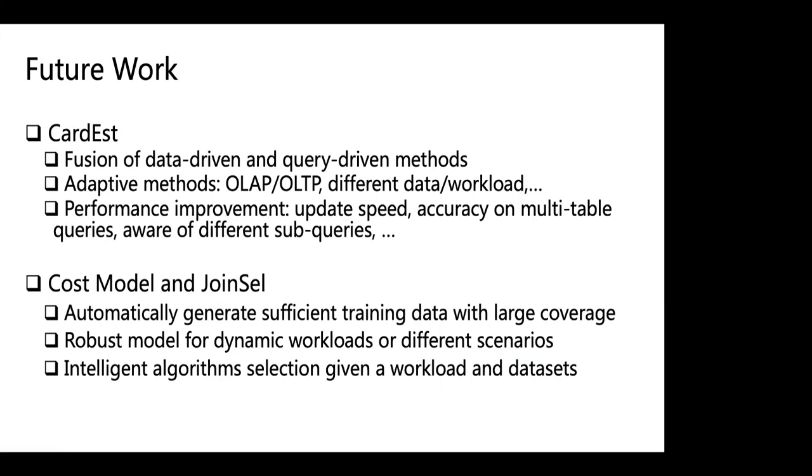And we need to consistently improve the performance in terms of update speed and accuracy, especially on multi-table queries, and the awareness of different subqueries. For cost model and join order selection, we need to automatically generate sufficient training data with large coverage to design more robust models for dynamic workloads and intelligent algorithm selection given workload and data sets.